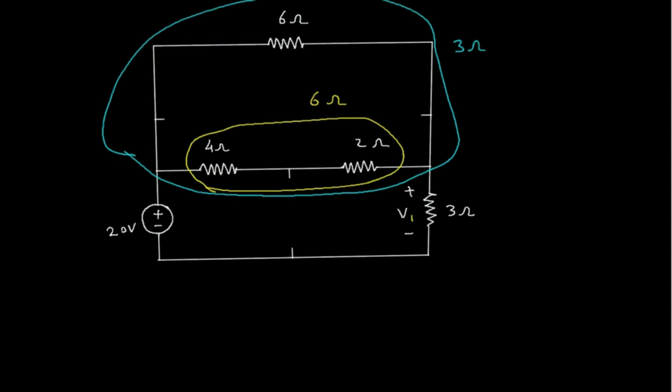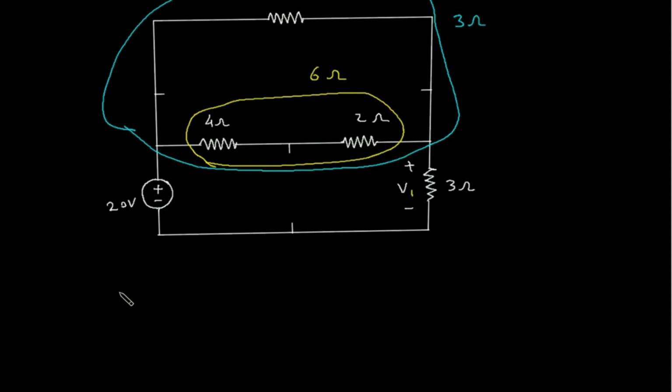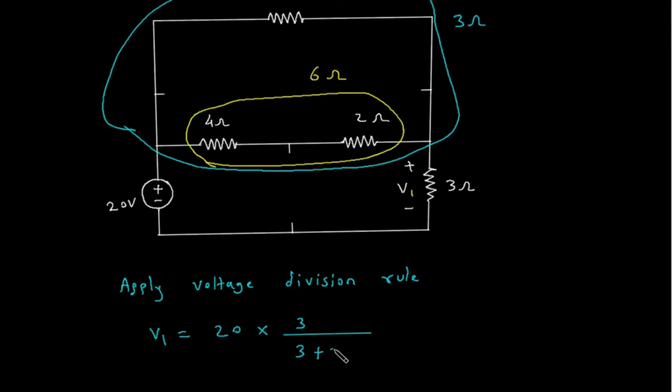Now here we can apply voltage division rule, or voltage divider rule. So V1 is equal to this voltage which is 20 volt into this resistance which is 3 ohm divided by total 3 plus 3.